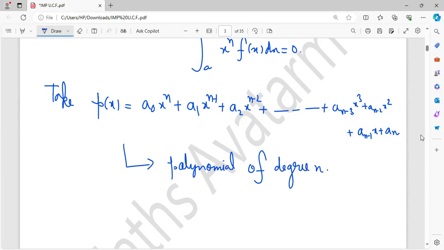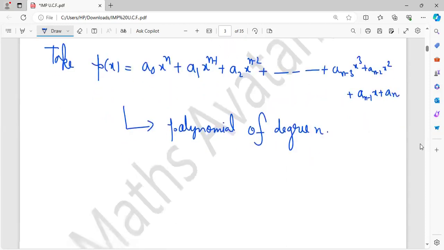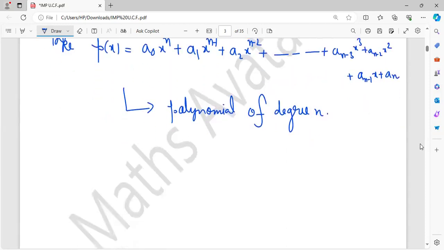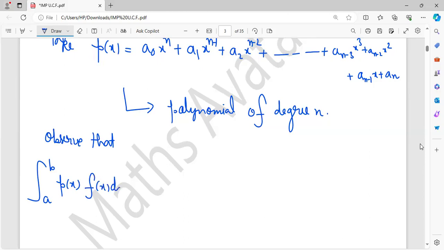Then what will we get? Then you observe, what is the integral from a to b of P(x) f(x) dx? What will be this? Tell me.